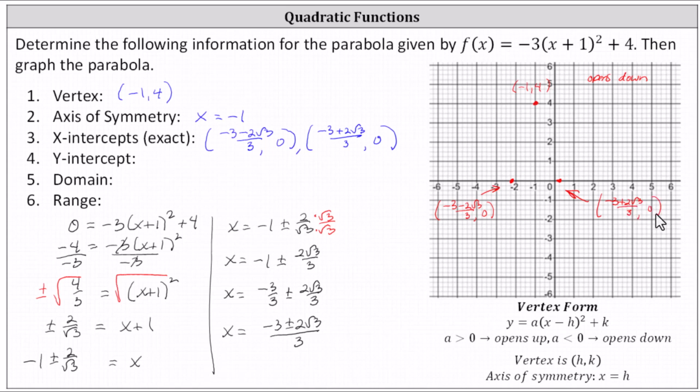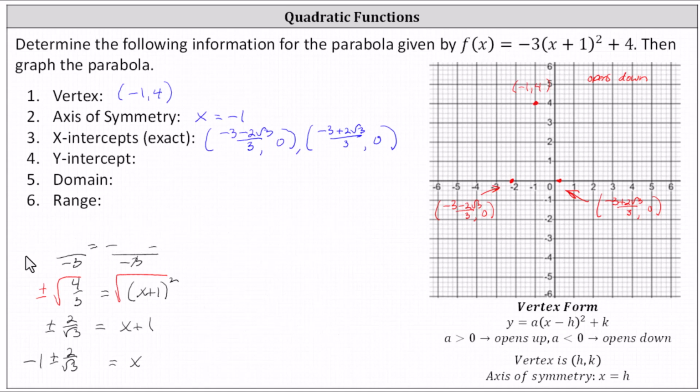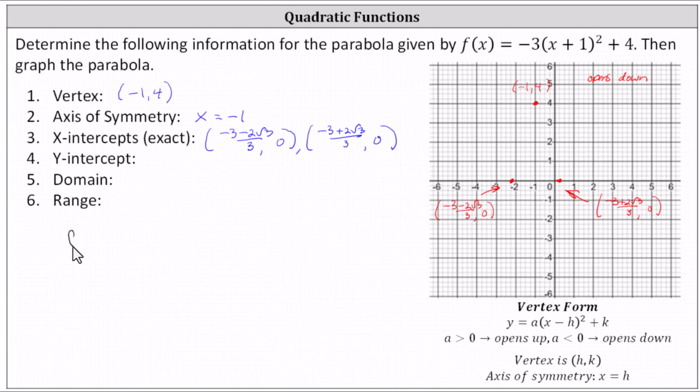Next, we want to determine the y-intercept. The y-intercept is where the parabola intersects the y-axis. Every point on the y-axis has an x value of 0, which indicates to find the y-intercept, we set x equal to 0 and solve for y, or determine f of 0. f of 0 is equal to negative 3 times the square of 0 plus 1, plus 4.